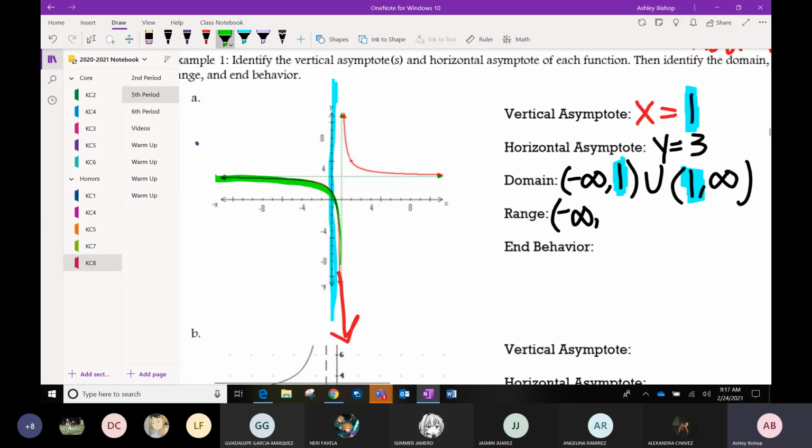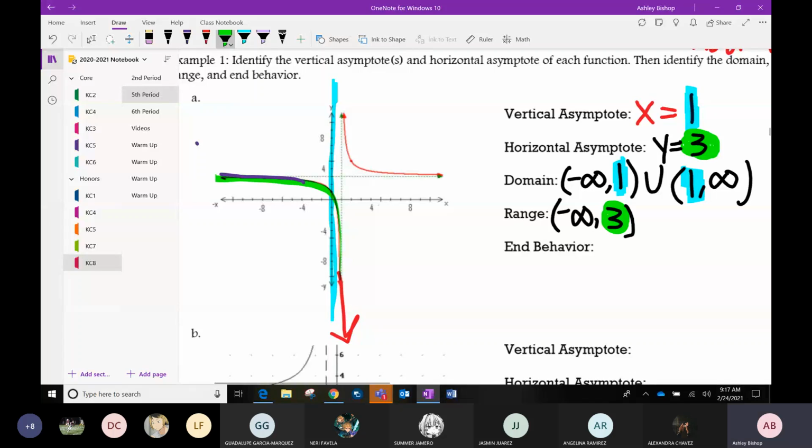This graph highlighted in green does not go any higher than its horizontal asymptote, which happens at y equals 3. So the range happens from negative infinity to 3. And that should make sense because, again, my horizontal asymptote is a y value and my range is a y value.